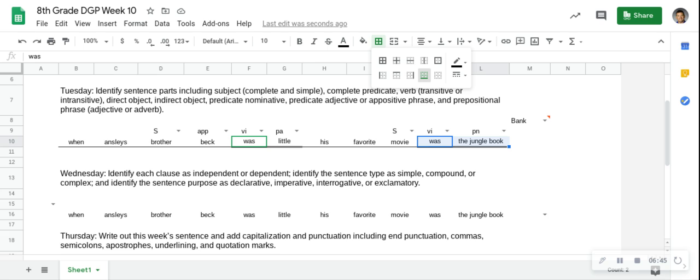I'm going to go up to my waffle here and click this drop down menu right here. It should have been a single underline, and I want to come all the way down to the bottom one that's a double underline. Once I do that, then I'm going to hit this bottom border.